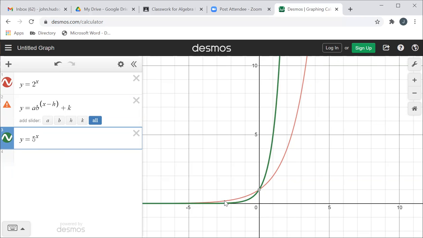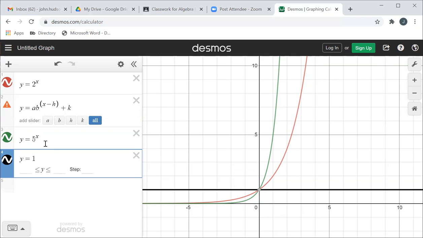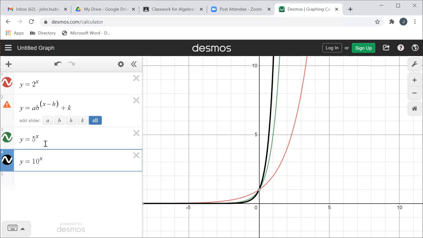The red line is our y equals 2 to the x, and it comes up. The green line is going up faster, but it also slams down against the asymptote a lot faster as well. If we magnify this even further, say like y equals 10 to the x, it goes up even faster than the 5, and it comes down even faster. But the asymptote is staying the same.